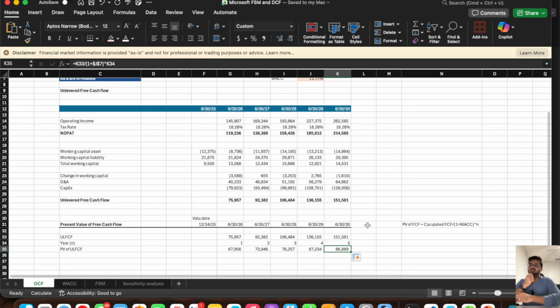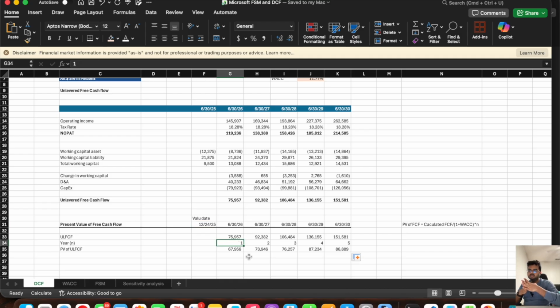But if you technically think it through, it is not exactly right what we did, because the power of 1 here we took as the end of the first year. If you are doing this valuation on the day Microsoft has published last year's fiscal report, this makes sense. But we are doing the valuation as of today, which means we are not going to have the time frame of the entire 1 year.